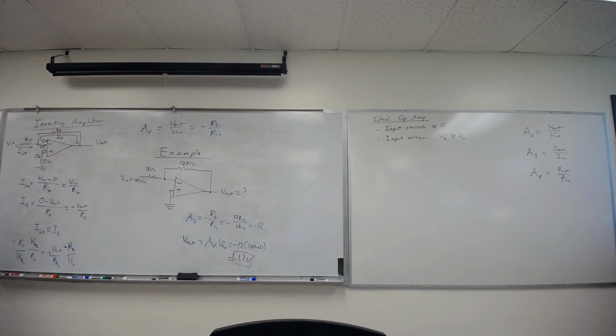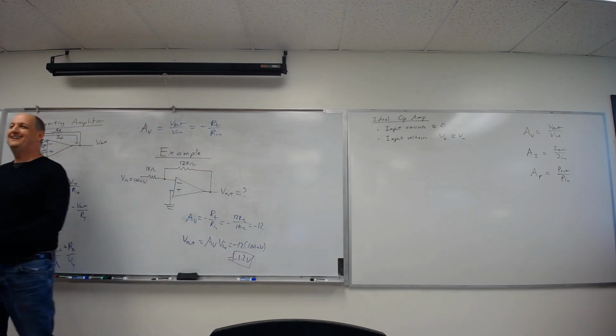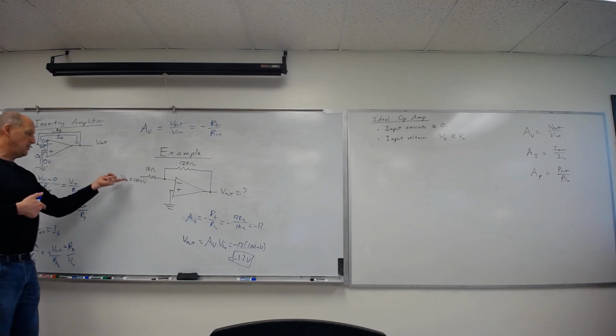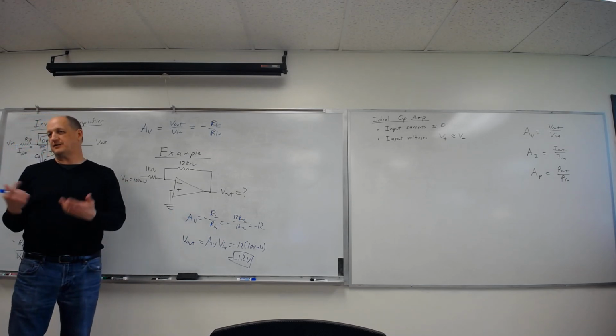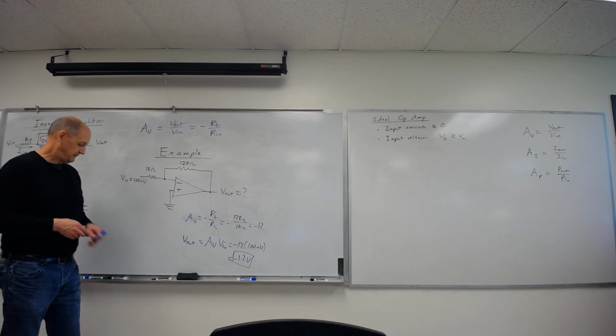So your output's 12 times bigger. Oh, there is a decimal. There you go. It's 12 times bigger, and it's negative when the input's positive. If the input were minus 100 millivolts, you get 1.2 volts out.